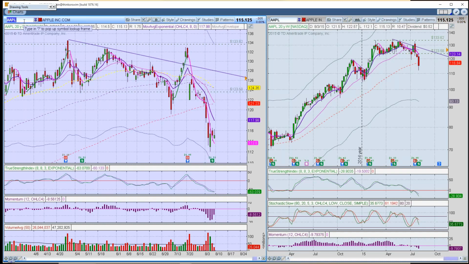Now, what's it going to do? Is it going to return back up to the 200-day moving average? Is it going to move back to the 8-day moving average or the 20-day moving average? Right now it's not in a shorting position, but let's see if we get some kind of a rebound here, and then weakness returning back into Apple.